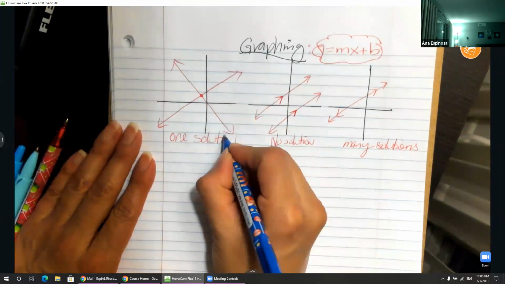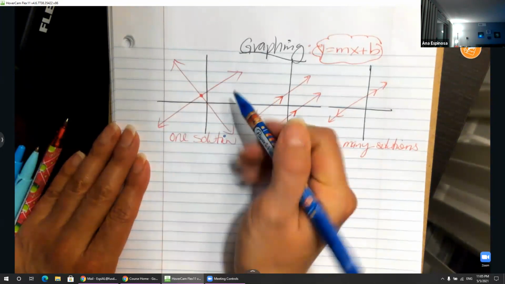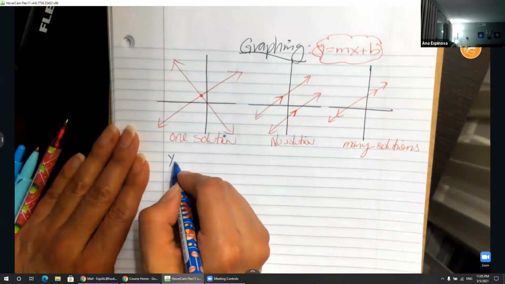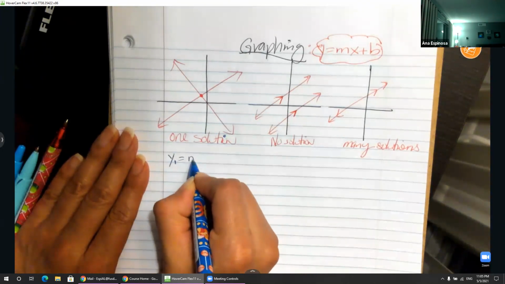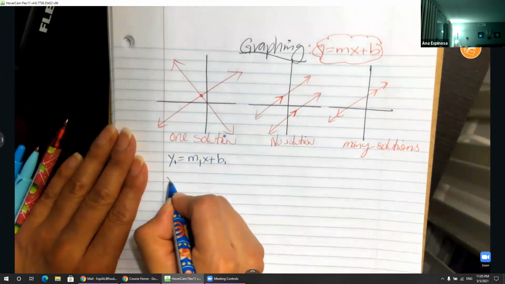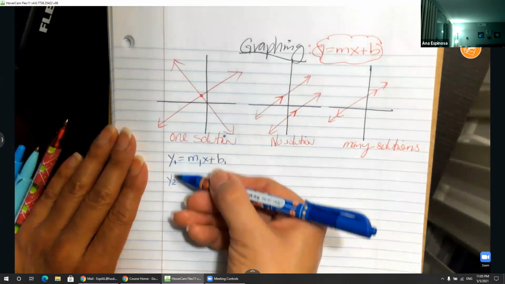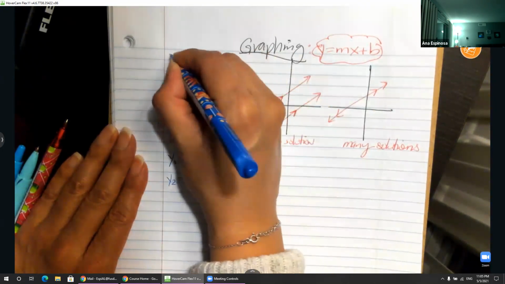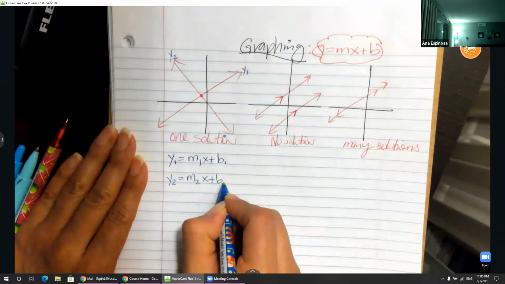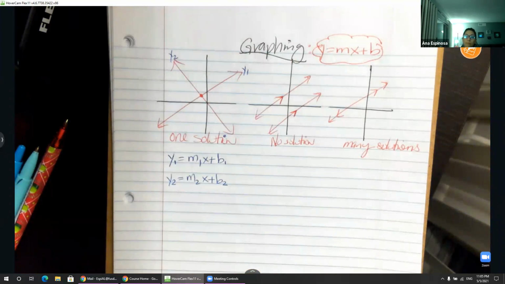Now, so when here, let's say you have equation 1. How did I write it? Equation 1. It means that equation 1 and equation 2, so let's say that's y1 and this is y2, that the slopes and the b's are completely different, okay?